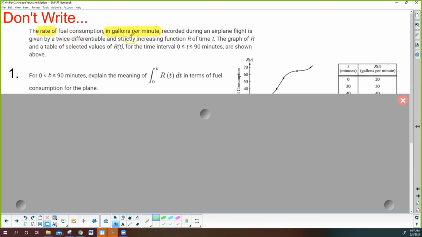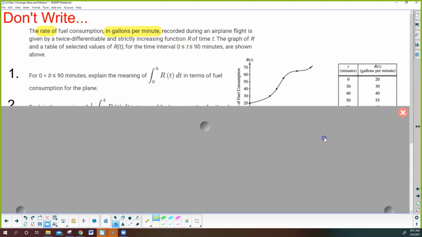So we know it's continuous, and we know it's strictly increasing. That's also important. This function is always increasing over time. R is given in the table and the graph, and then it gives us select values of R, which is the rate of fuel consumption. So R means rate in this case, from 0 to 90.